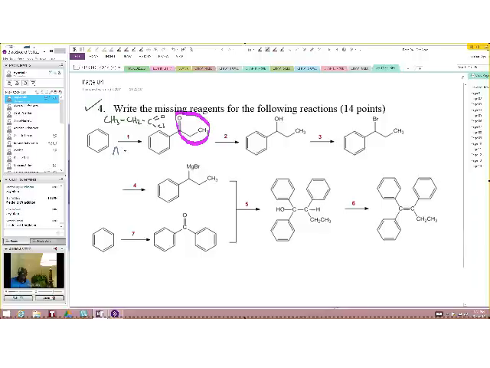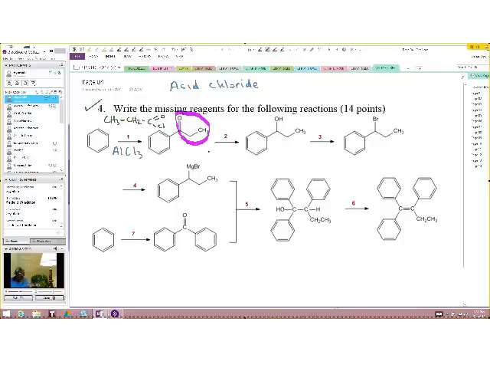This time the Lewis acid is aluminum chloride. The combination of this acid chloride and the aluminum chloride will give you the Friedel-Crafts reaction, in which you are attaching this carbon here to the benzene carbon right here.